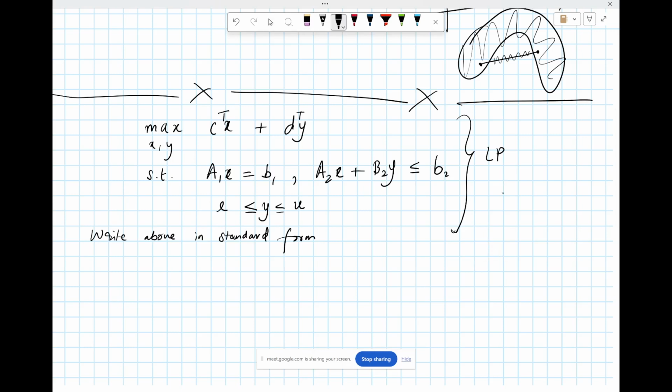In standard form you want something like minimize c transpose x, this is your objective, subject to Ax equal to b and x greater than or equal to 0. So here we want all our variables to be positive.